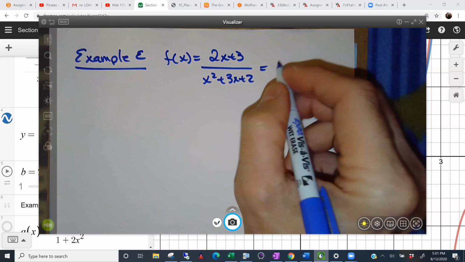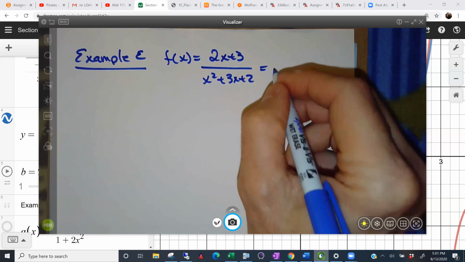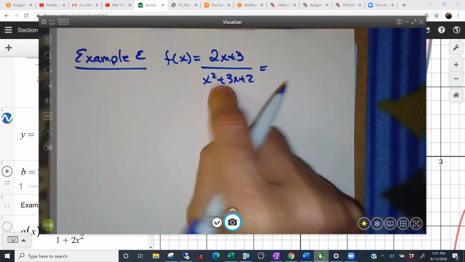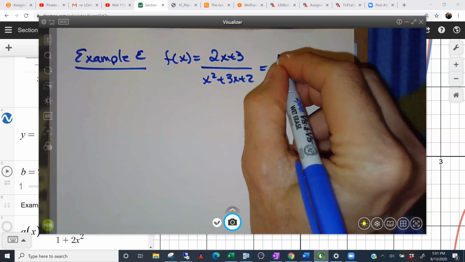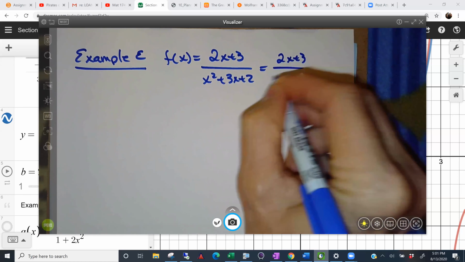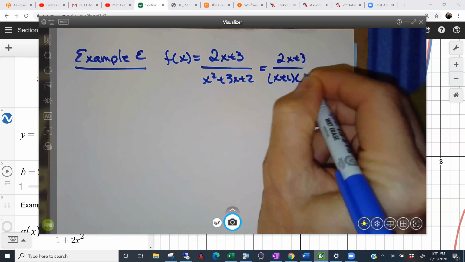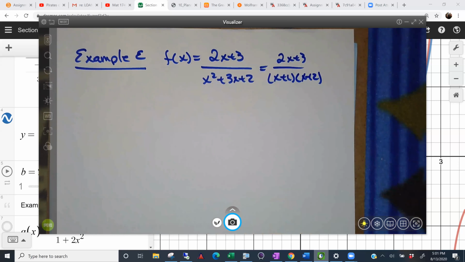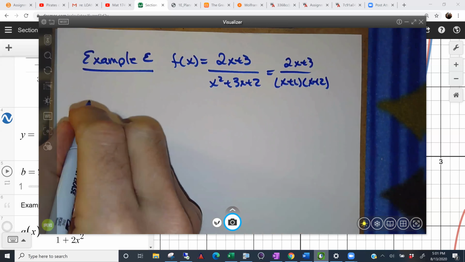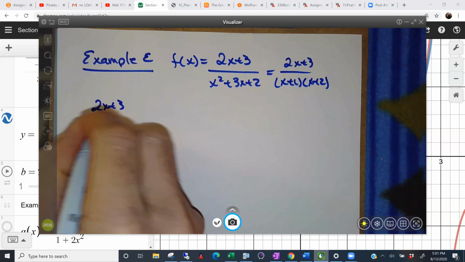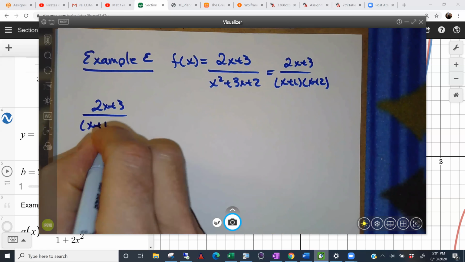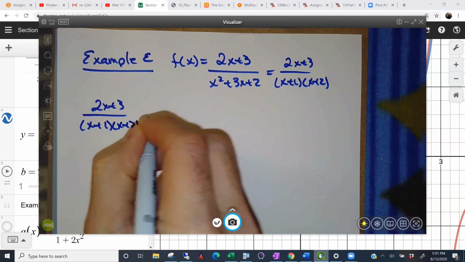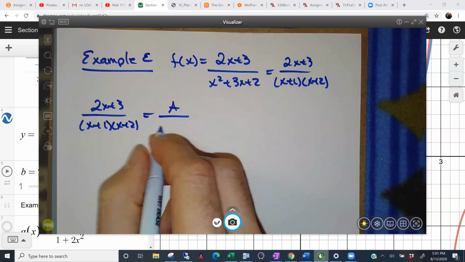Now, what you're going to need to do is realize that the denominator factors: 2x plus 3 over x plus 1 times x plus 2. And do a partial fraction decomposition.